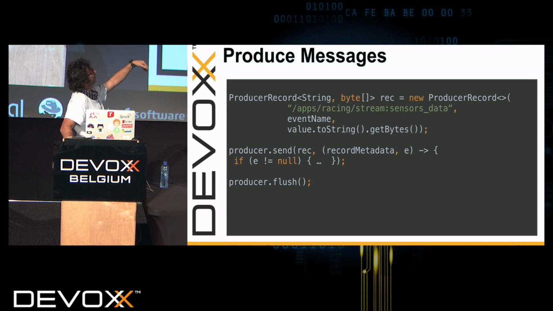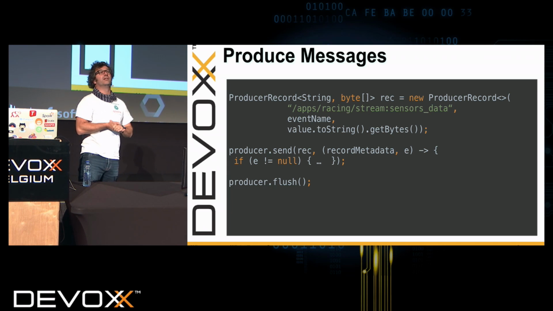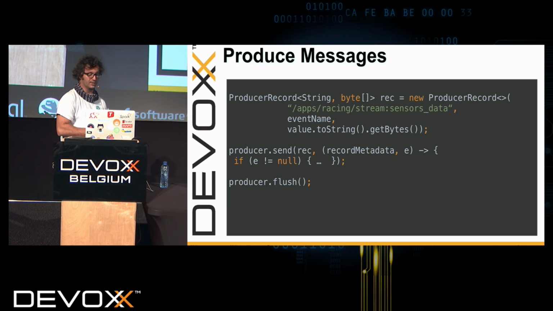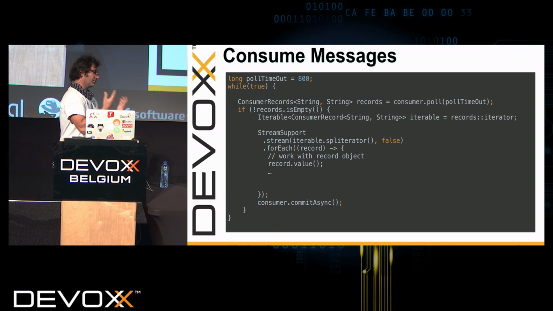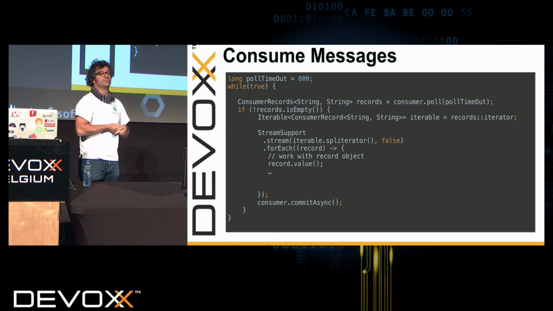This is the first part, /apps/pacing/streams. This is just a namespace in which you write into the sensor data topic. Then you post a message and deal with exceptions and so on, depending on what you want to do. And when you consume the message, it's the same. It uses the pure Kafka API.